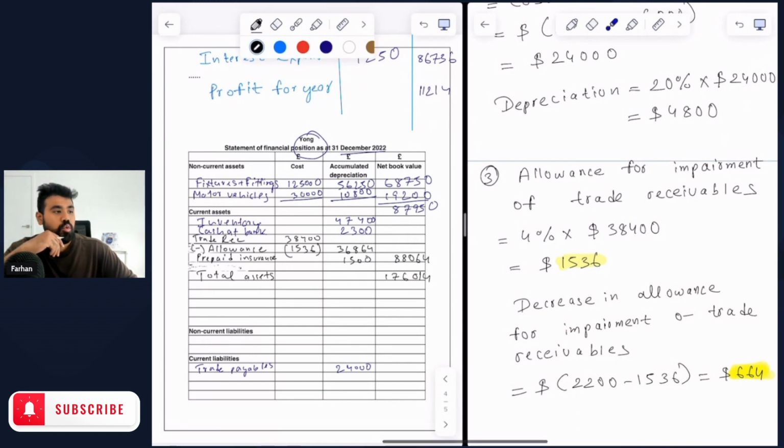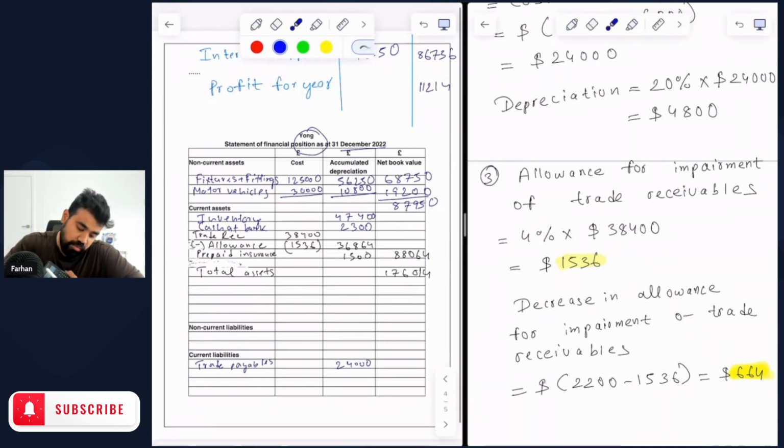So total assets are 176,014, and that was calculated by adding 87,950 with 88,064, which are the totals for non-current assets and current assets respectively. So now that we have the total assets, the next thing that we need to do is the equity and liabilities section.